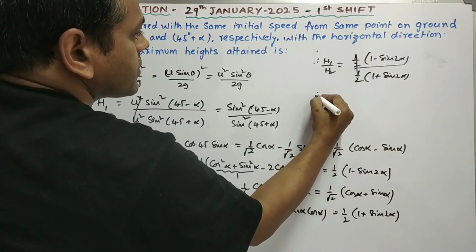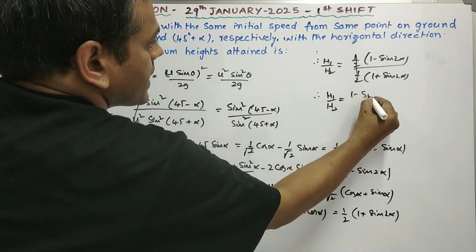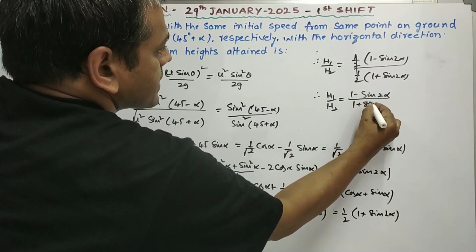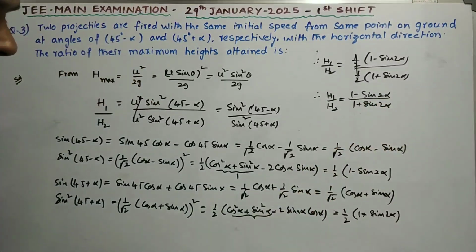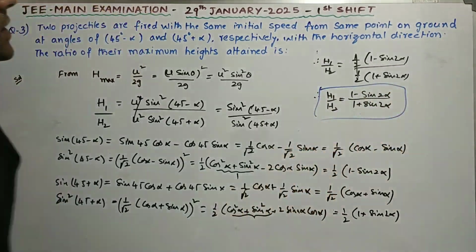These two halves are cancelled. Therefore, H1 by H2 is equal to (1 minus sin 2 alpha) by (1 plus sin 2 alpha). So this is the answer for this question.